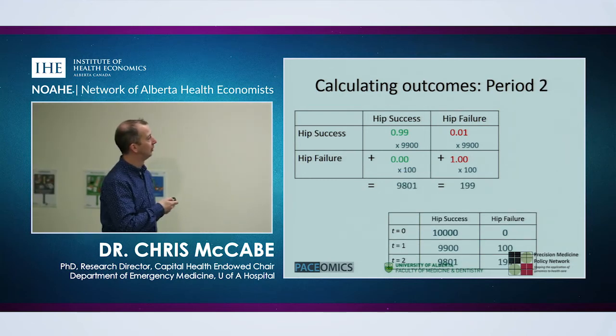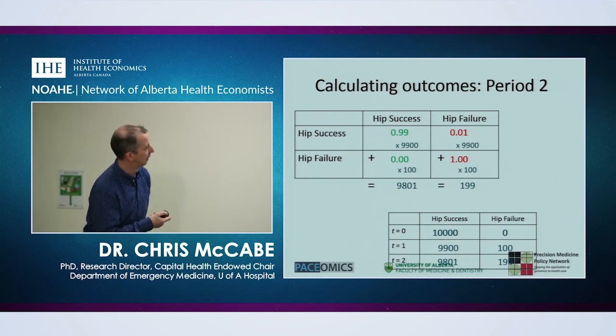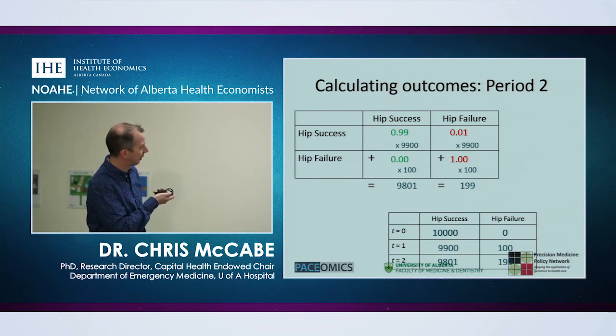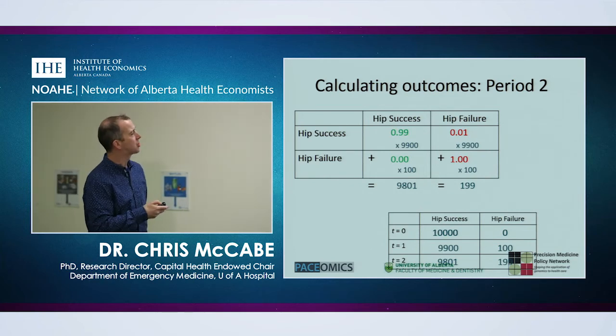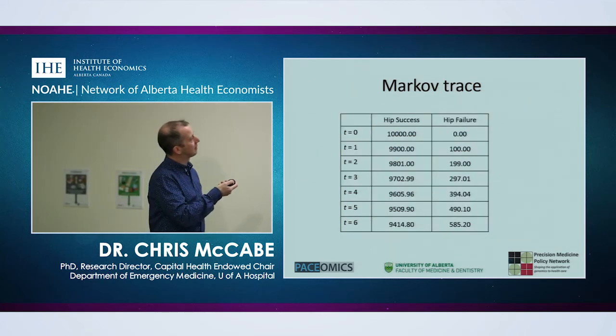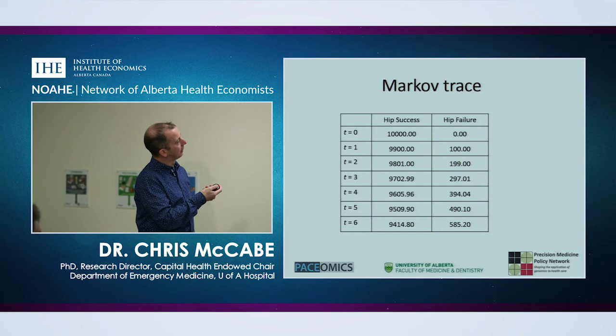And you just go on to cycle 3. Another thing that worked fine on my Mac, but I can see that logo in the corner is getting in the way now. So we'll go to there. You can see gradually your population, your cohort, moves from having an okay hip to hip failure.